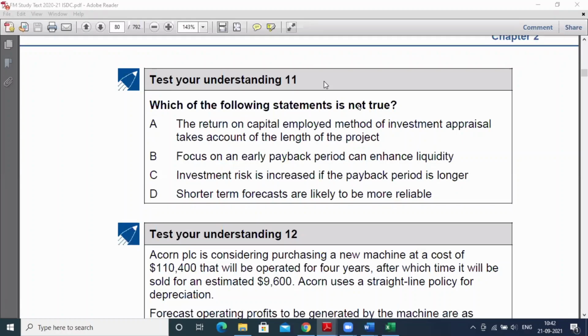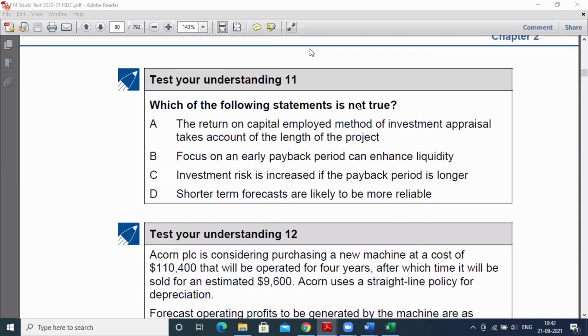This is a very interesting question. Now we can go with a 1 or 2 minute discussion also. Very, very interesting. What do you think? Is the investment risk more if the payback period is long? Yes, sir. Why? Can I know the reason why?